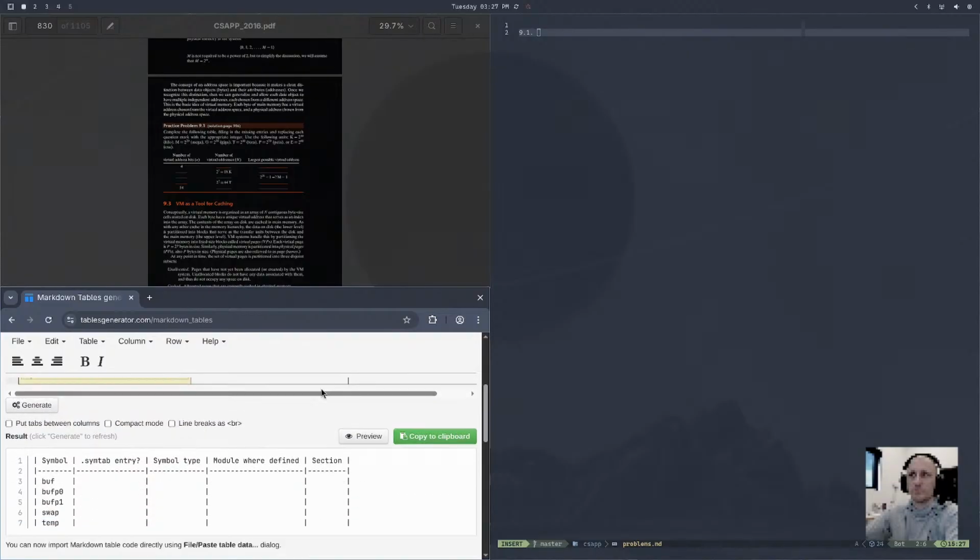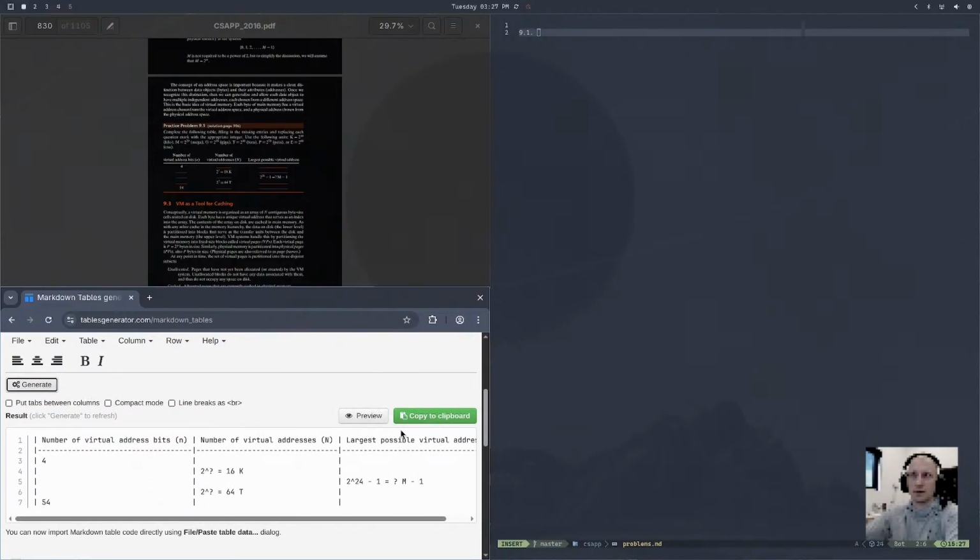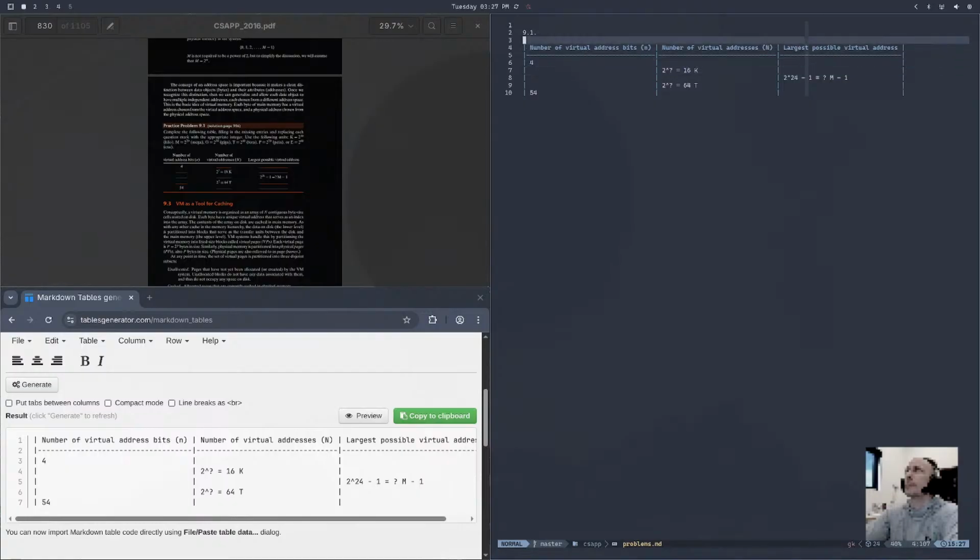Let's go ahead and go down the bottom, say generate, and copy. Paste our table in here. So we've got 4 bits. So 2 to the power of 4 is equal to 2 to the power of 1 bit being 2, 4, 8, 16.